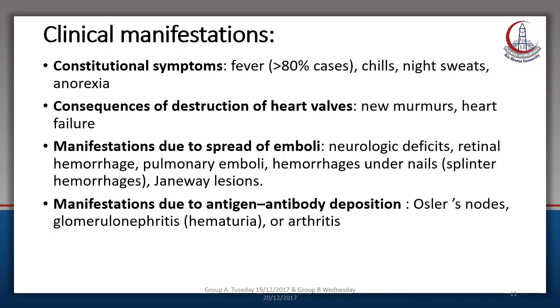Subacute bacterial endocarditis tends to involve heart valves that are already damaged, and it is usually less likely to cause septic emboli than acute endocarditis. If untreated, subacute bacterial endocarditis can worsen for as long as 1 year before it becomes fatal and causes death.